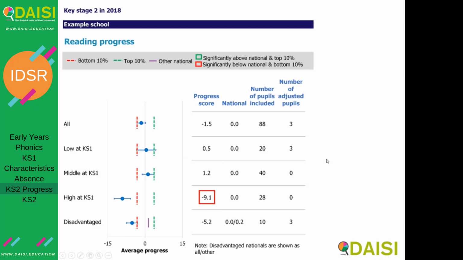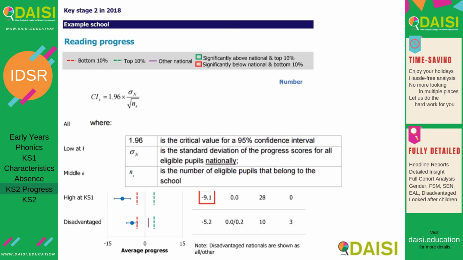They are the amount of leeway that the government will allow you before calling you significantly above or significantly below. Now, you can have a look at the Primary School Accountability in 2018 book to have a look at the actual formula, but what it really resolves down to is a figure roughly 12 divided by the square root of your eligible number of pupils.